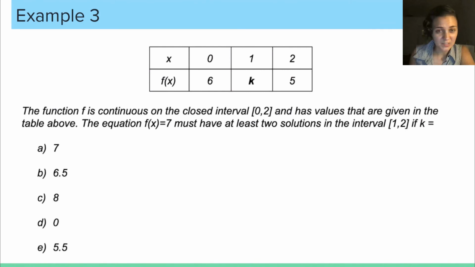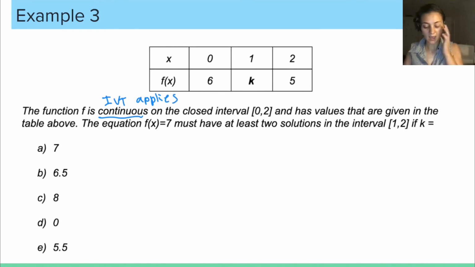This is a very similar problem, another table. The function is continuous on the closed interval 0 to 2, so I know that the IVT applies. It has values that are given in the table above.